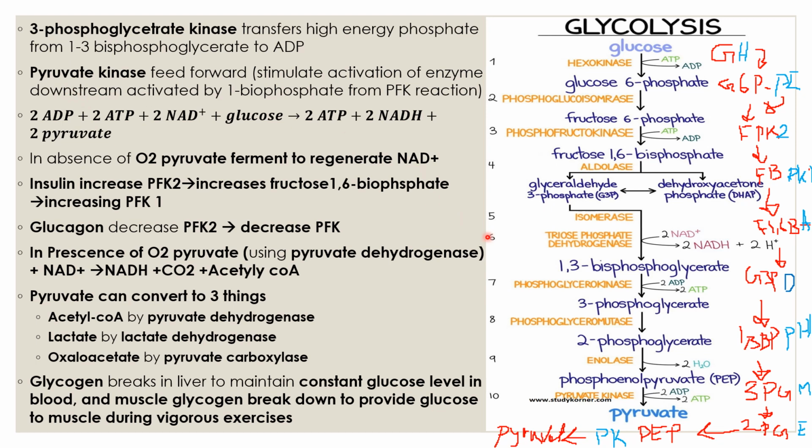And then pyruvate kinase, which is the last enzyme before you make pyruvate, is feed-forward, which means it stimulates the activation of the enzyme downstream, activated by fructose 1,6-bisphosphate from the PFK reaction. So this whole thing is called a feed-forward activation. So hexokinase acts on this to activate this, and this acts on PFK to activate PFK1, and then PFK1 acts on this, and this, and that, and they all act on each other in order to trigger pyruvate kinase, which triggers pyruvate.